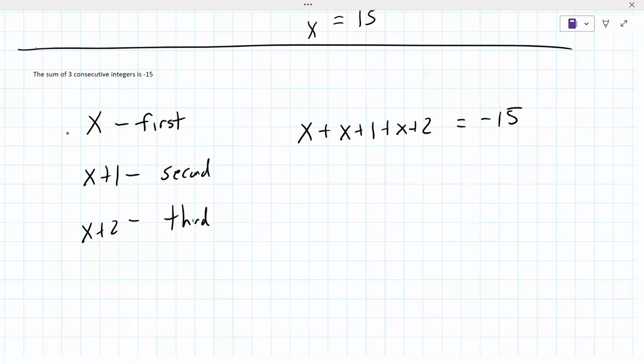I have my answer. Either give me your value of x or all three integers. So the first one would be -6 for x is the first. X plus 1 would be -7, and then x plus 2 would be -8.